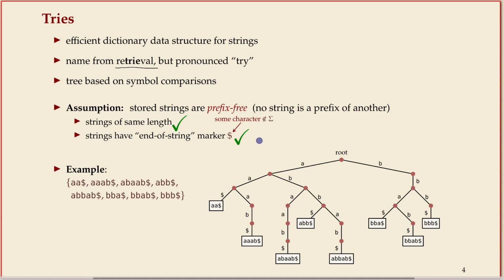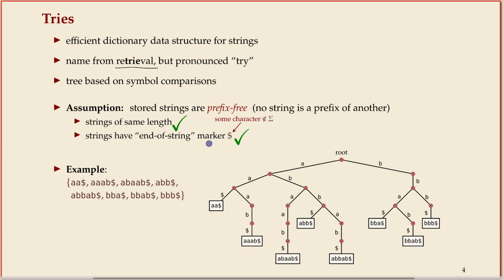But there's two simple ways how you can enforce a set of strings to be prefix-free, even if it wasn't from the start. Either, if the strings are all of the same length, then nothing can be a strict prefix of another if they're all equally long. So they're either identical or they differ at some character.